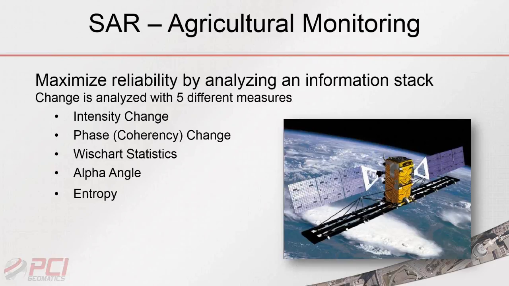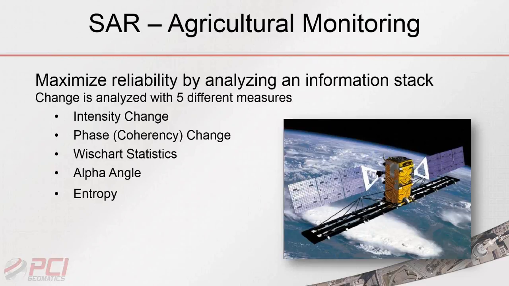And then we can also look at entropy. Entropy is essentially a measure of dominant scattering mechanism. So if we have a low entropy value, what we can say is that there is more likely a single scattering mechanism that is prevalent in that particular resolution cell, whereas if we have a higher entropy value, we have more than one dominant scattering.